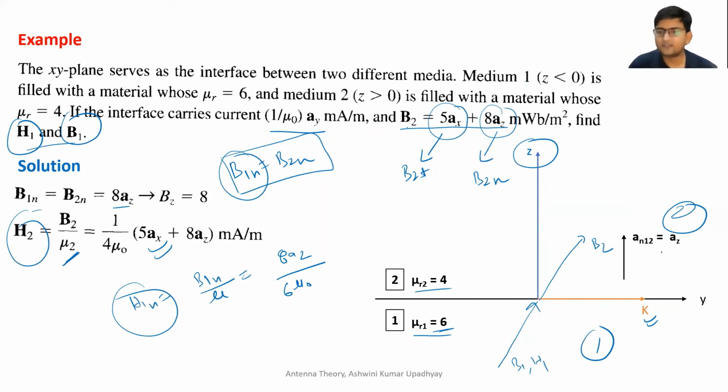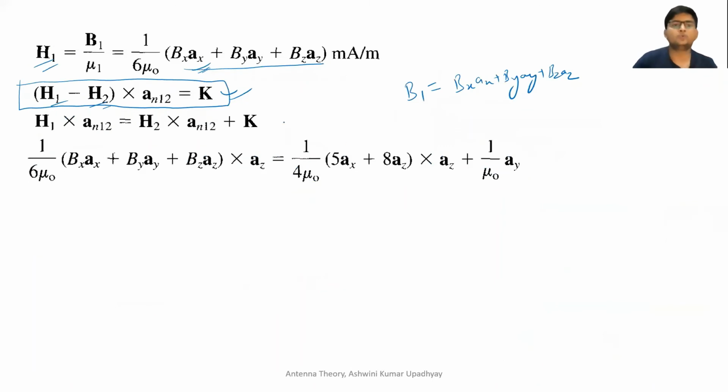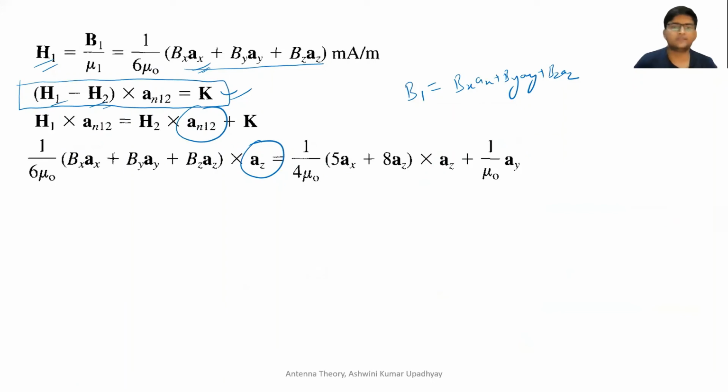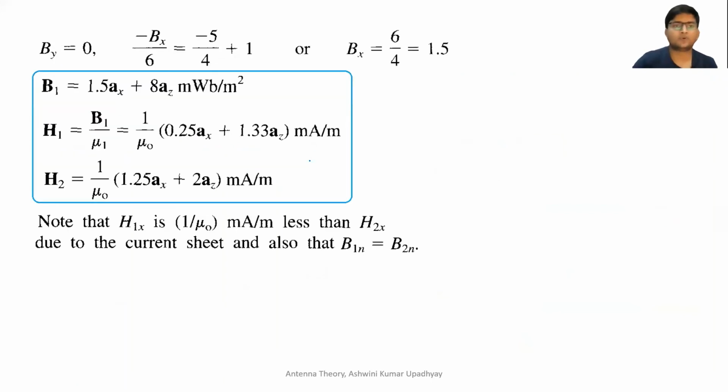So in this case, it will be az. So you will take the cross product with az here, and you already know that the value of K is 1 upon mu naught ay, and you put all those things and calculate. So finally you will get all the values of B1, H1 and H2. So you will get everything from these equations, right?